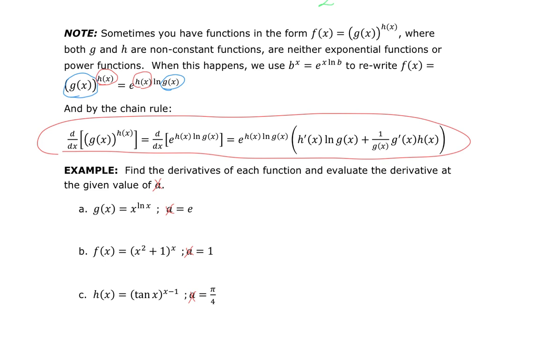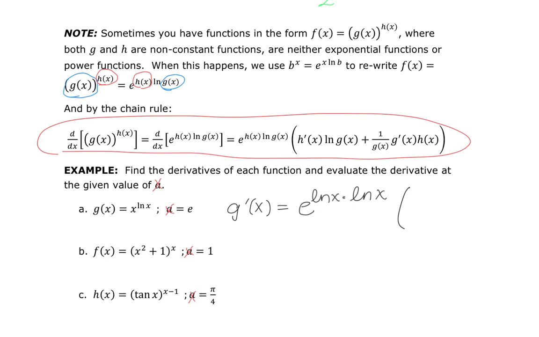All right, so the first thing we have to do is take the derivative. And so g prime of x is going to be equal to e raised to my exponent function, which is the natural log of x, multiplied by the natural log of my base function, which is x. This then is going to be multiplied by my exponent function, which was the natural log of x in this case.